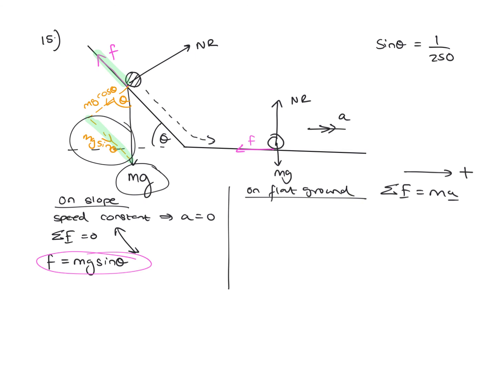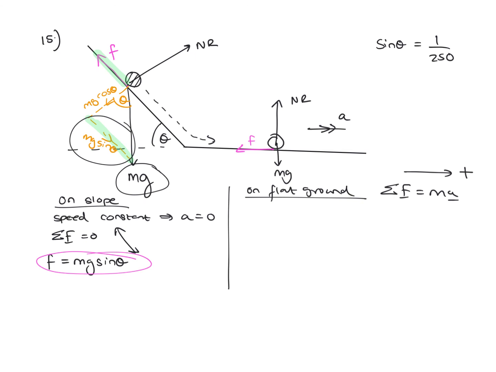The friction tried to oppose the motion, which meant that we had a constant speed rather than an acceleration. But when we hit flat ground, that component of the weight isn't there to pull the particle along any further because it's now on horizontal ground, so eventually it will just decelerate to a halt.